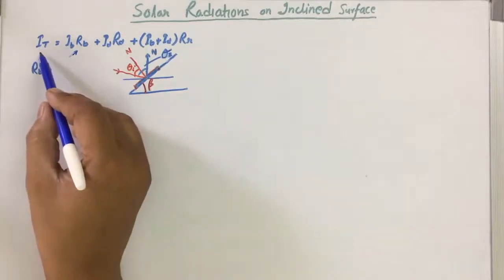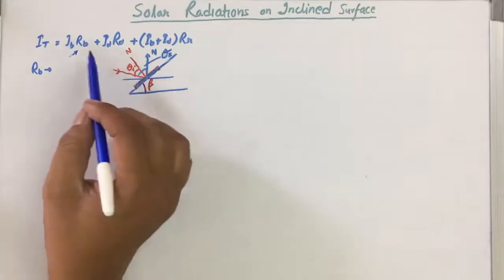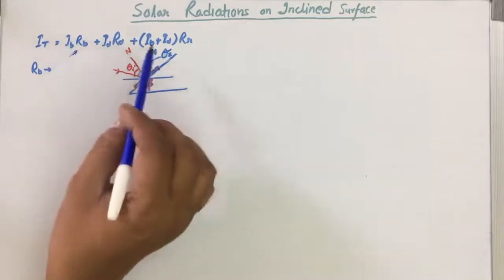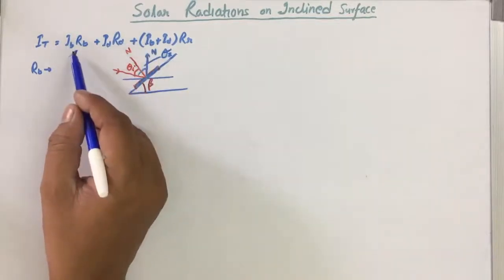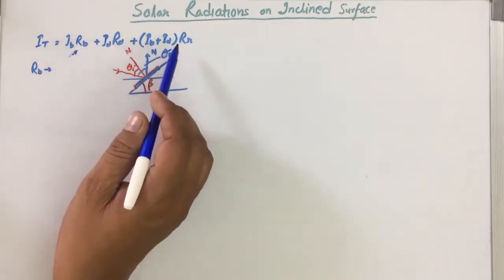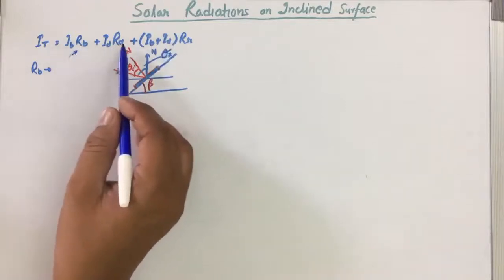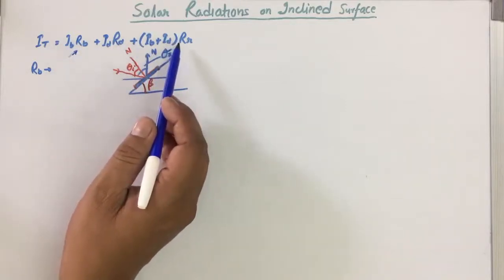The total radiations on an inclined surface at any orientation can be found out with the help of this formula, where RB, RD and RR are the factors for beam, diffused and reflected components respectively.